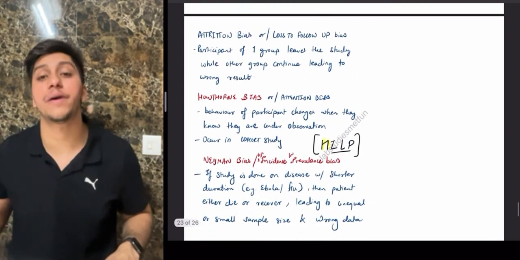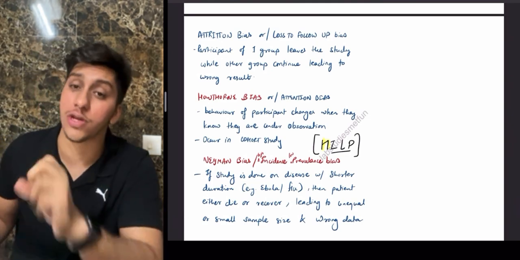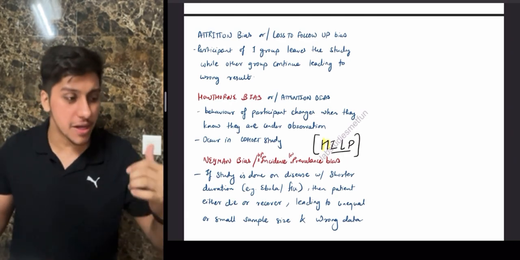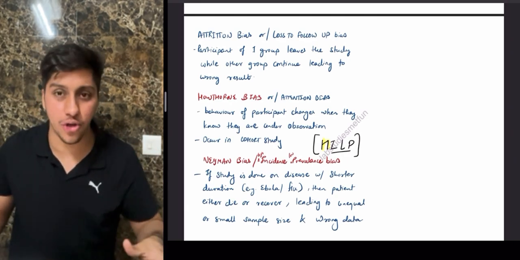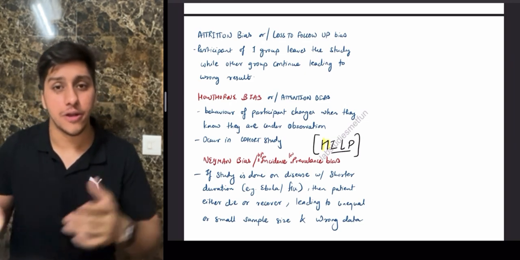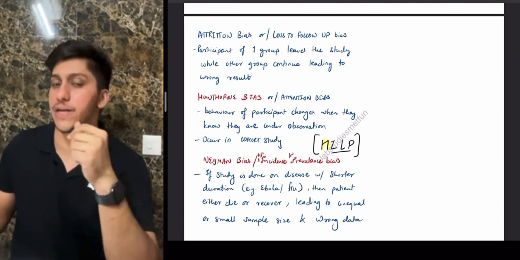Then is attrition bias or loss to follow-up. Just remember, attrition bias is also known as loss to follow-up, in which, for example, there are two groups, group A and group B. People can get pancreatitis with the help of alcohol. Other people are drinking some other drink and not getting pancreatitis. Now the person who is having some other drink all of a sudden left the study.